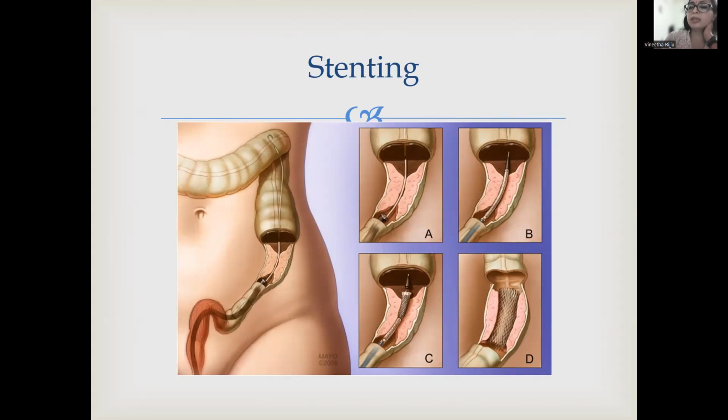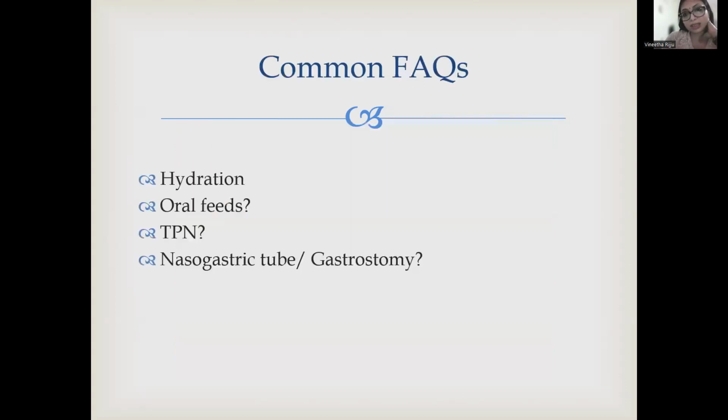It is preferably done for patients with a good performance status, especially a good prognosis, because there is no point doing a stenting for a patient who is going to live only for 3 weeks, right? So you go for stenting for a patient who has a better prognosis in terms of the disease, and also when there is only a single obstruction site.